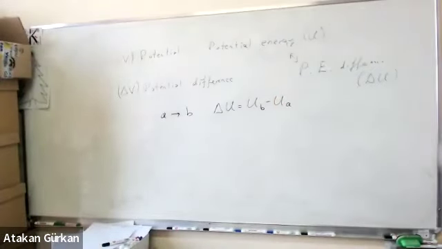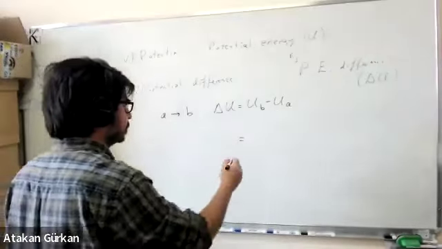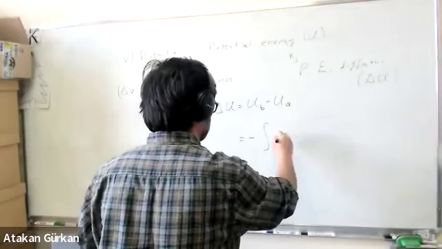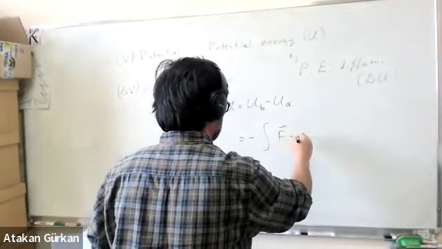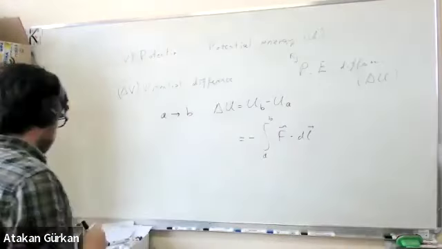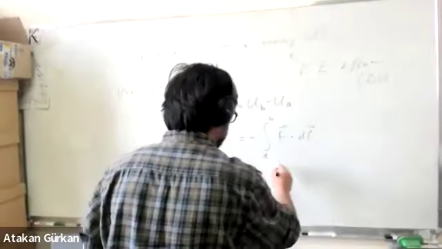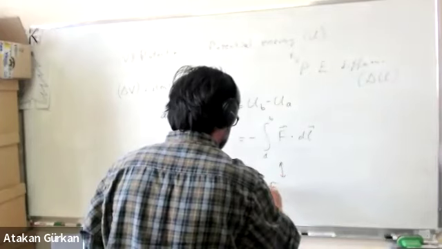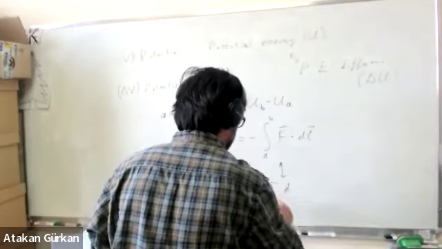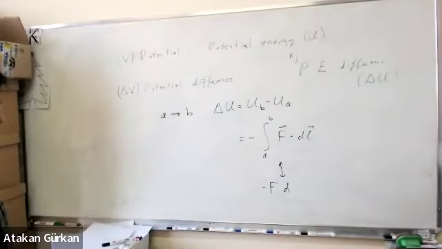Now this, as you might remember, has a number of forms, but we generally write it like this, from A to B. Now, if we have a uniform force, and if we are moving on a straight line, then this simply turns into minus F times d, where d is the distance that you travel and F is the magnitude of the force that's applied on you.